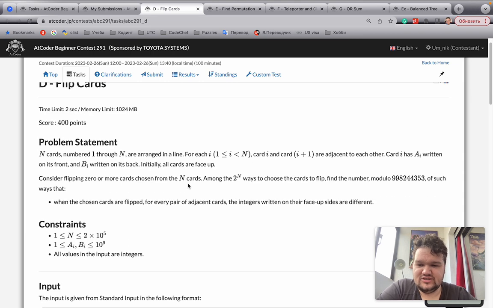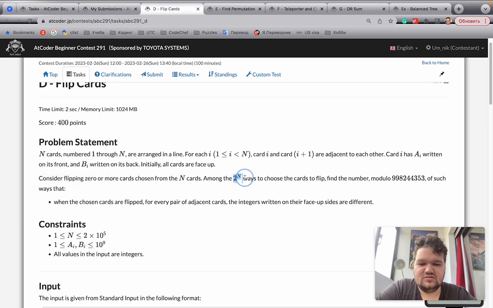Problem D. N cards in a row. Each card has one number on the front and one number on the back. Those numbers are given. We can flip some cards.